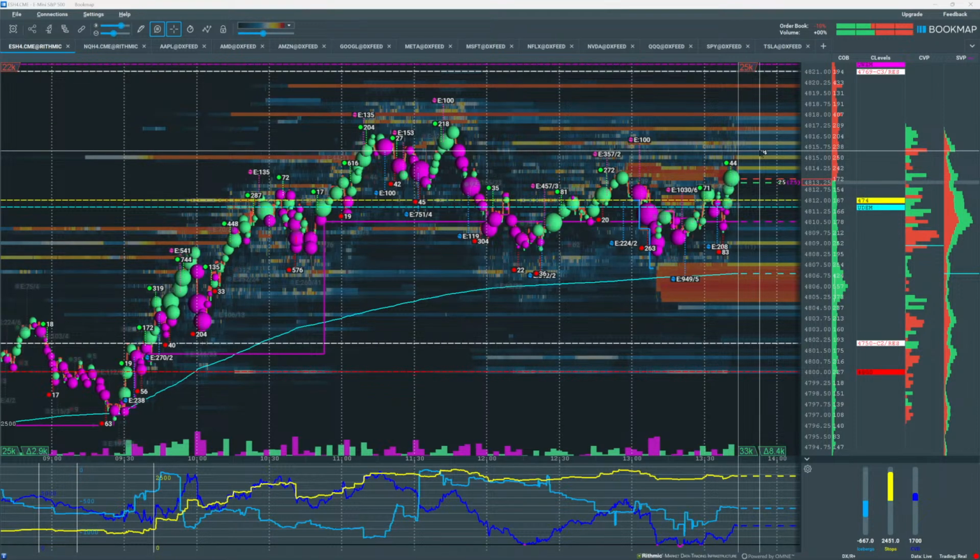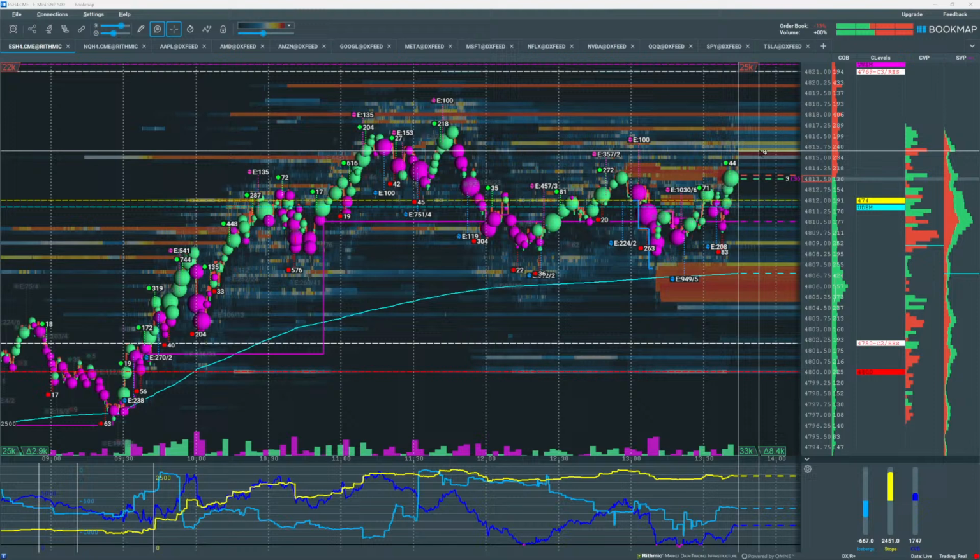Shifts in levels. So again, call wall and absolute gamma strike shifted higher for SPX. That's bullish. The volatility trigger did shift lower. And for SPY, the volatility trigger shifted higher slightly to 471.